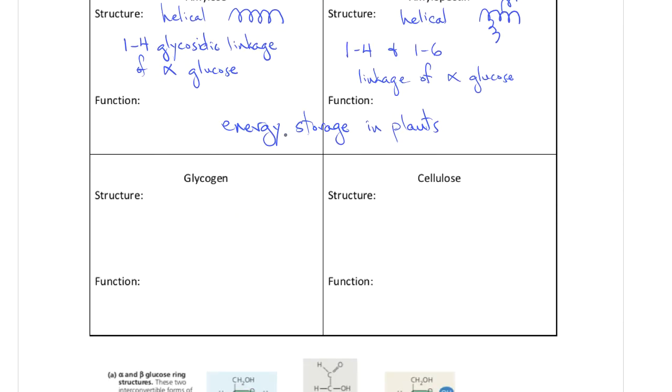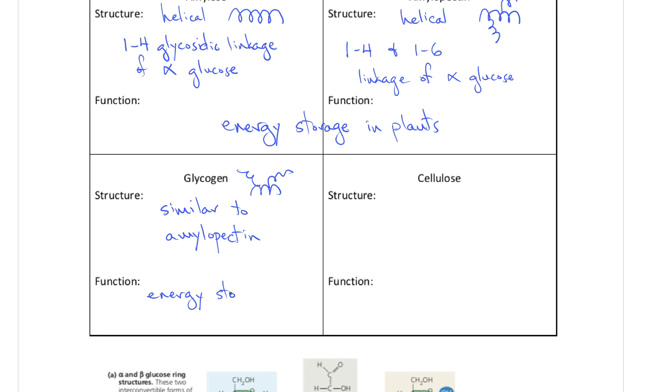Glycogen is very similar in structure to amylopectin. It is these kinds of helices coming off of each other, and it is also 1,4 and 1,6 linkage of alpha glucose. The branch length is a little bit different. It's shorter with glycogen, and the function here is energy storage in animals.